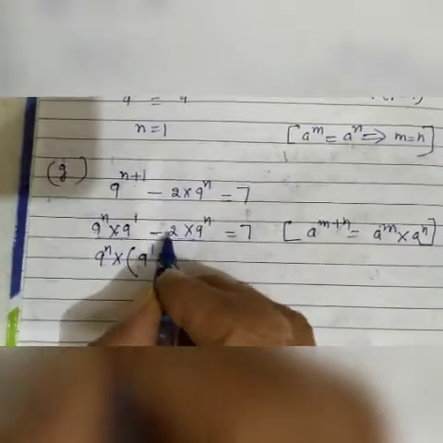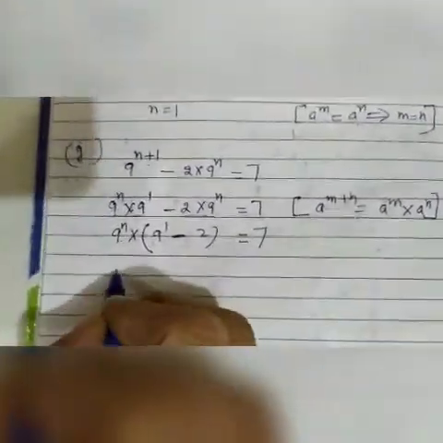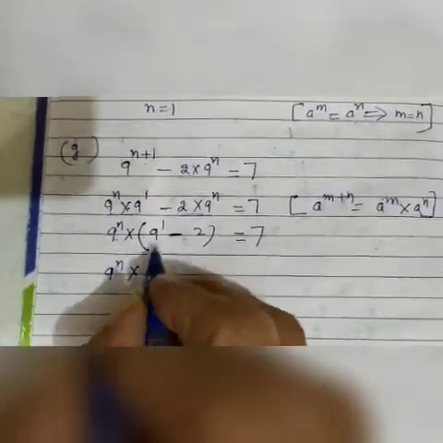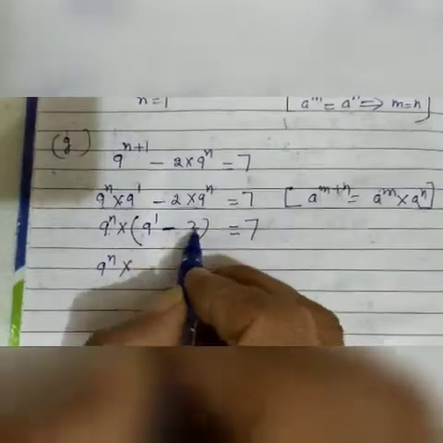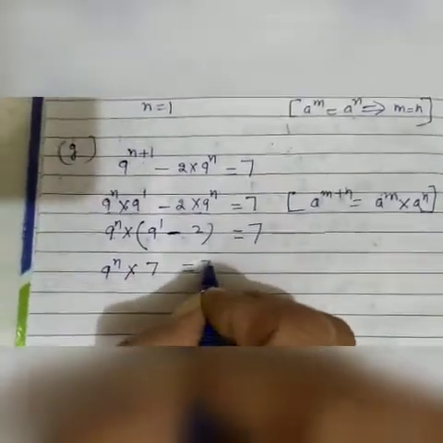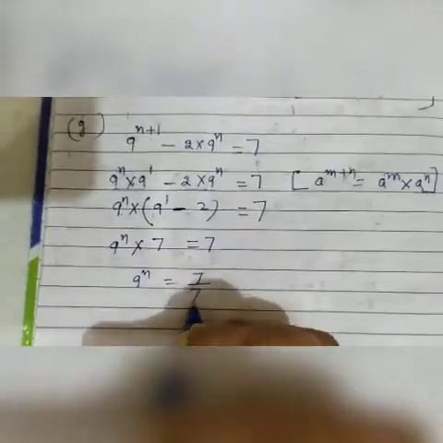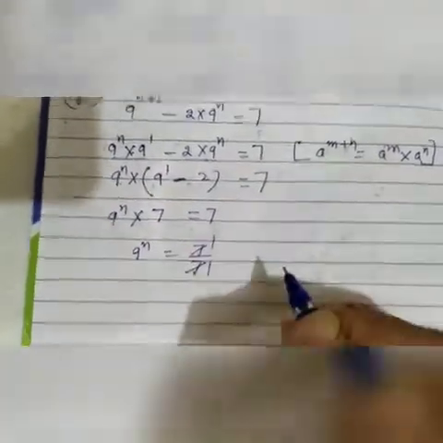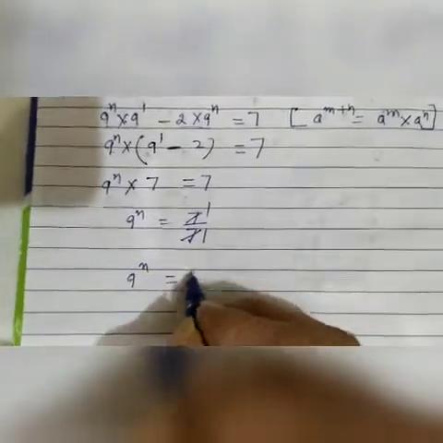So what is left? Minus 2 equal to 7. Now 9 power n into, again students, 9 power 1 means 9. 9 minus 2, 7, is equal to 7. Then 9 power n is equal to 7 upon 7. 7 ones are 7. It means 9 power n is equal to 1.